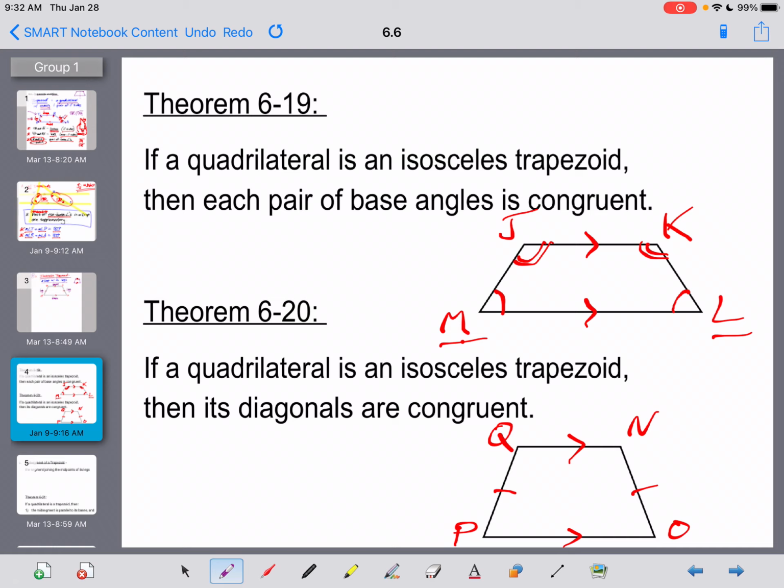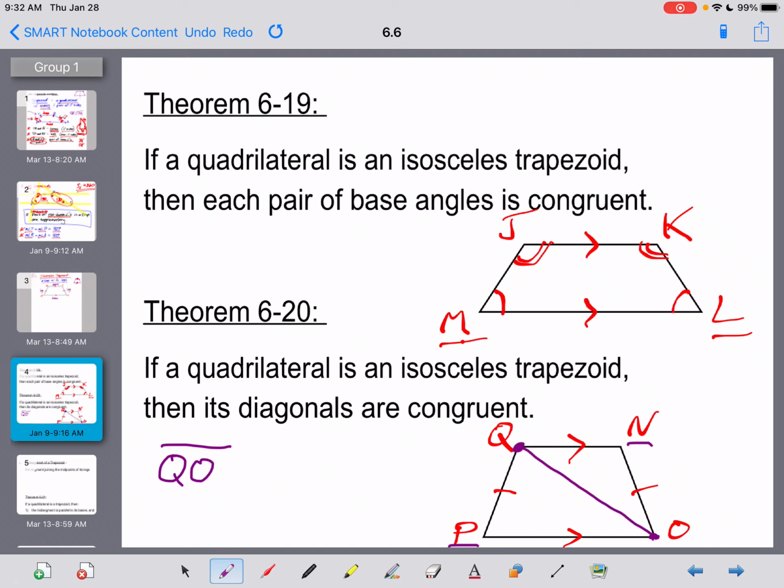The diagonals, everybody, are line segments that connect two non-consecutive vertices. So if I were to start at point Q, the two vertices to which Q is already connected are N and P. The one it's not connected to is O. So line segment QO is one of our diagonals. I'll draw that going across.